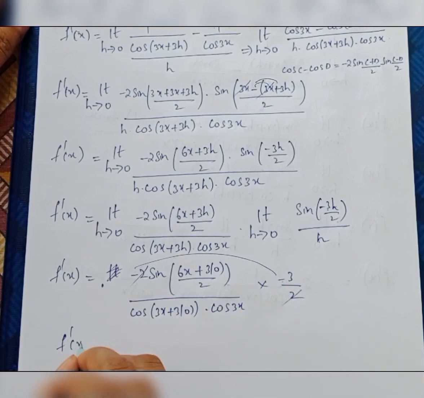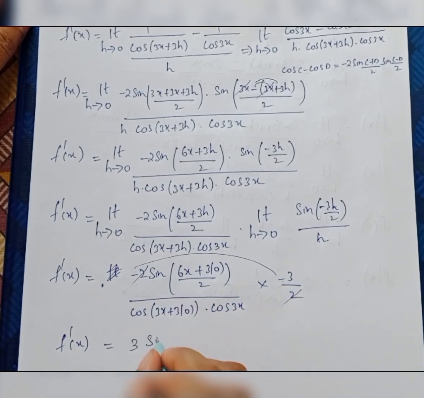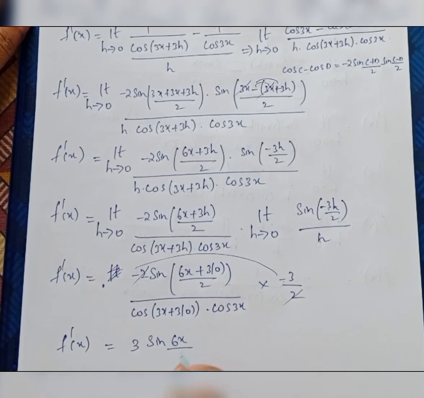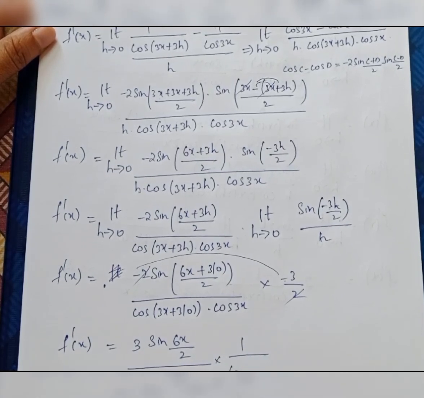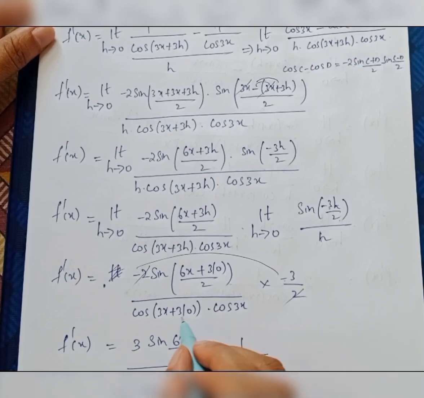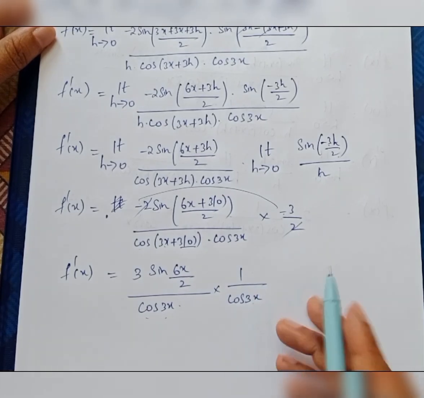So f'(x) equals, this 3 comes in front, so it is 3 sin 6x by 2 by cos 3x, and I'll write this separately, 1 by cos 3x. This becomes 0, so we are left with cos 3x, and here it is 1 by cos 3x.